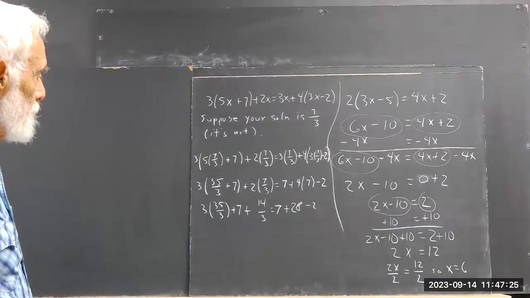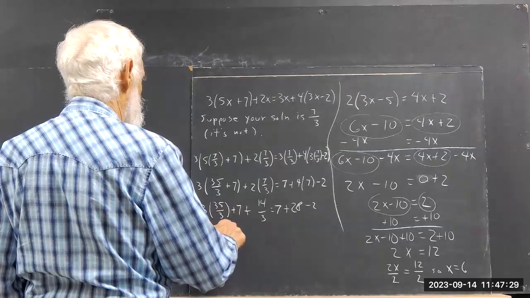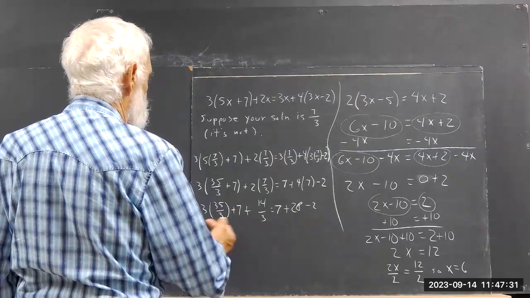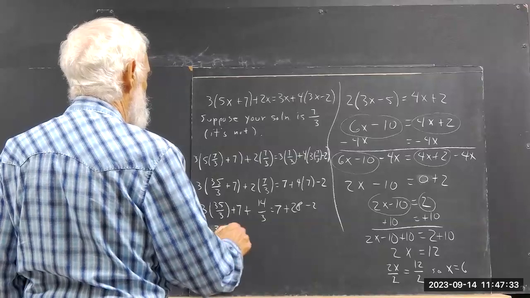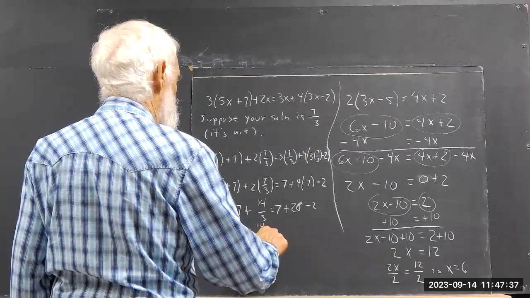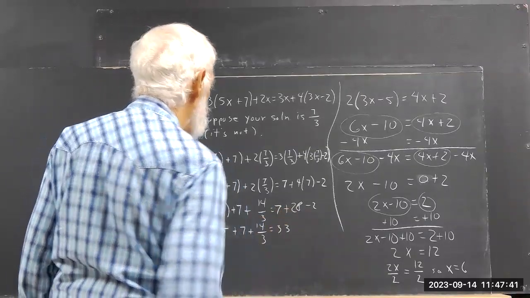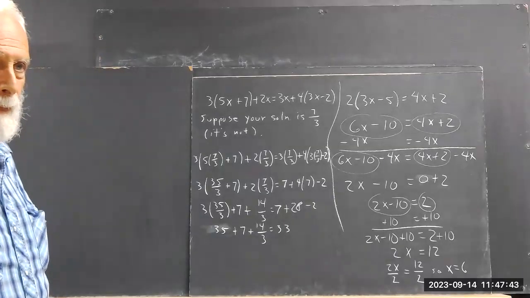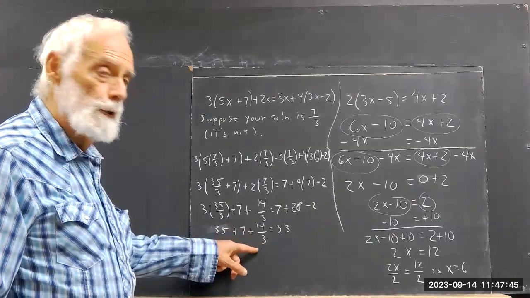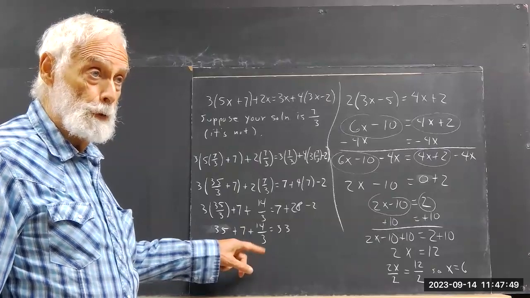Now there's a certain amount of simplification we can do. First of all, we can multiply this. We get 105. Well, actually, we get 35 plus 7 plus 14 thirds equals 33. At this stage, we've only got one fraction, with a denominator of 3.